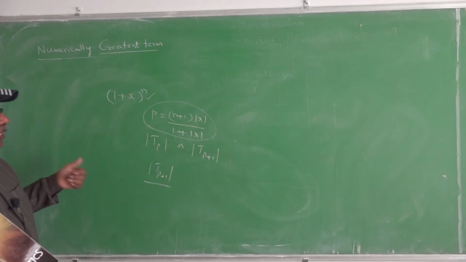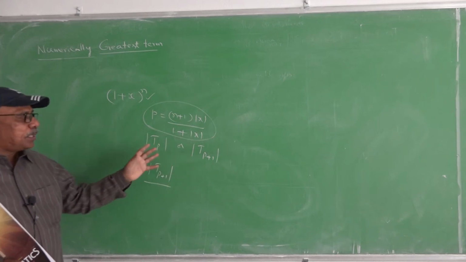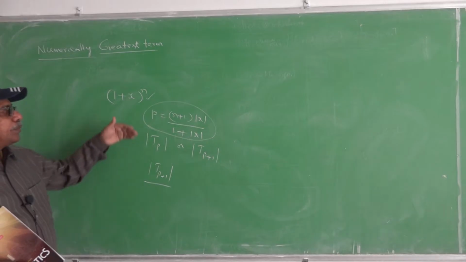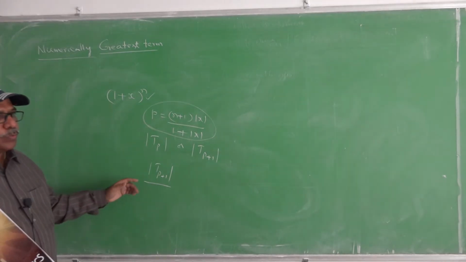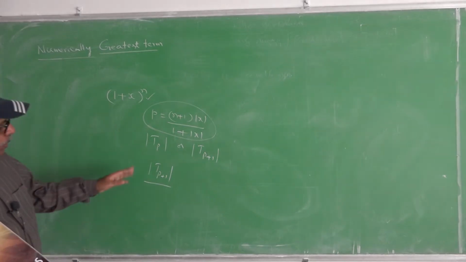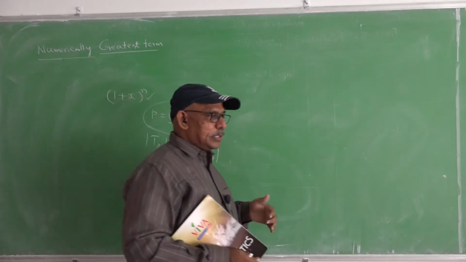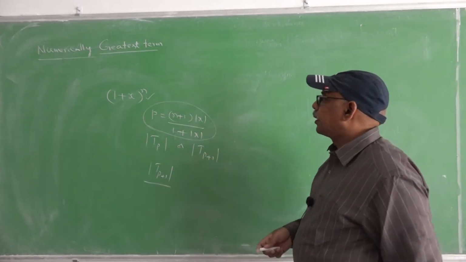Once that value is an integer, we have either Tp or Tp+1 as numerically greatest terms. Otherwise, if it is not an integer, we get only one numerically greatest term, namely |Tp+1|. This is in case of the binomial expansion (1 + x)^n.